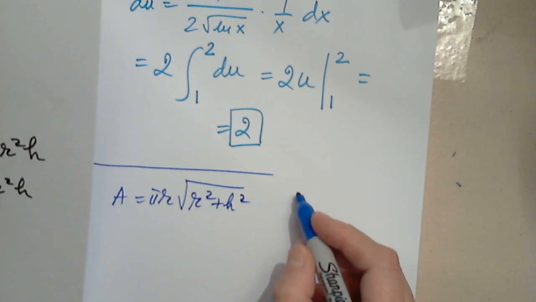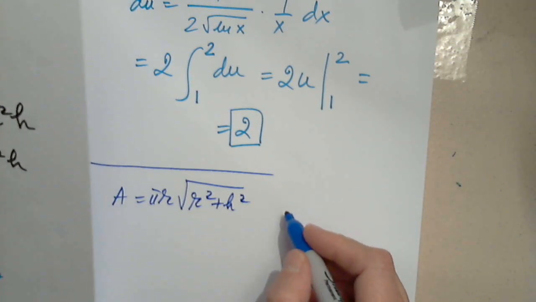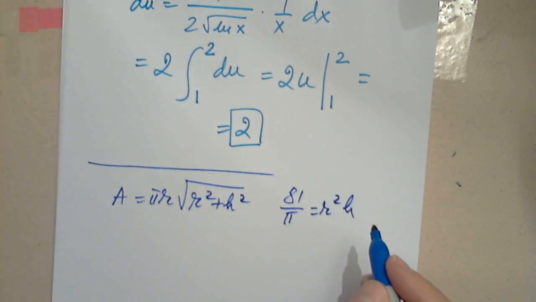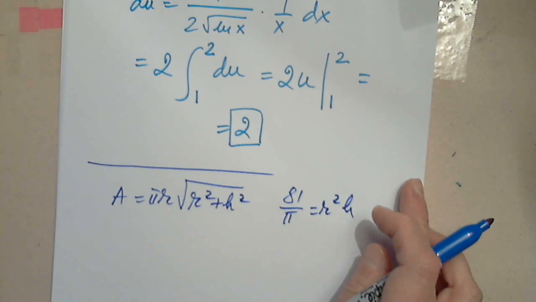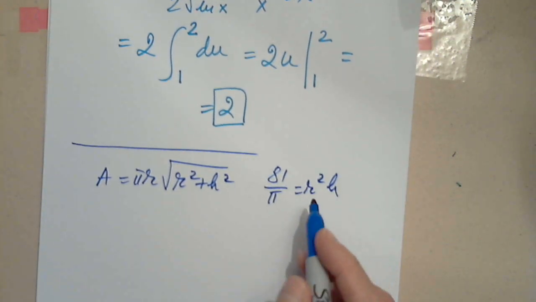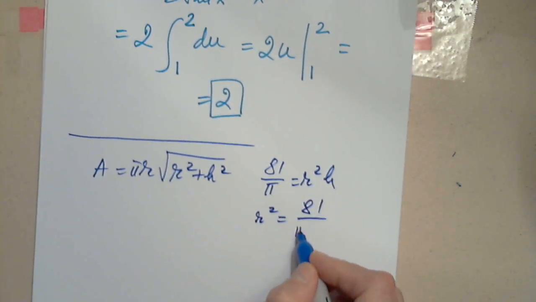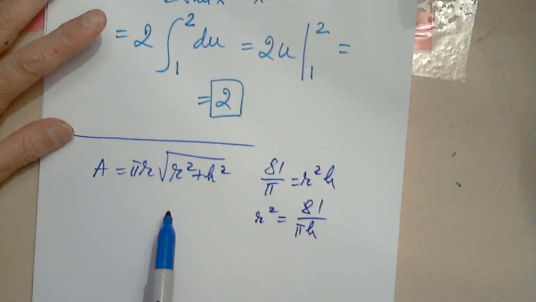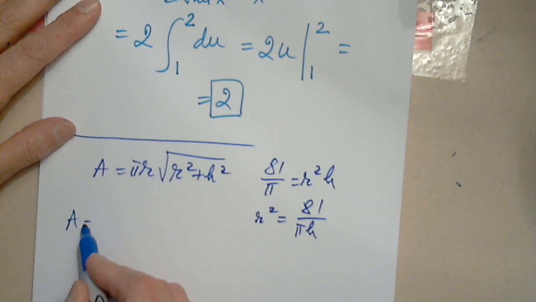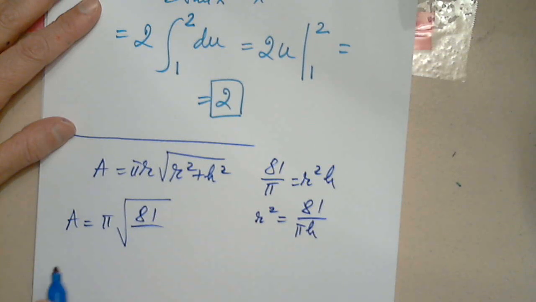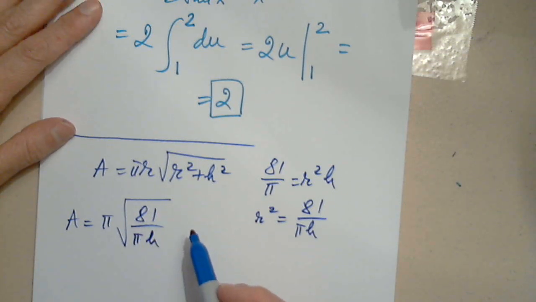And we had again 81 over pi equals r squared h. So we did get that. And what happens if I use r squared equals 81 over pi h? So pi, this will be the square root of 81 over pi h.